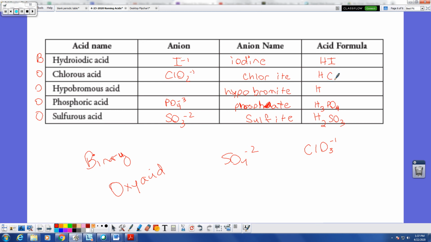So this would be HClO2. And then hypobromous, bromate, that's a halogen as well, so it's going to be just like this. These are both ates. So hypobromous would be BrO minus 1. So this would be HBrO.